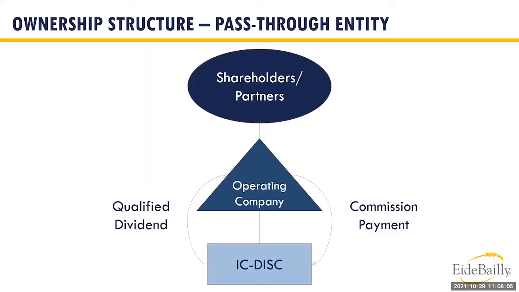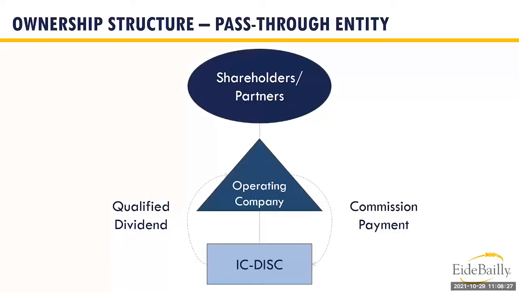So to look at a couple ownership structures, in a pass-through entity example, we would generally set the IC-DISC up to be a subsidiary corporation to the operating company. So as you can see here, we would pay a commission from the operating company down to the IC-DISC sub.